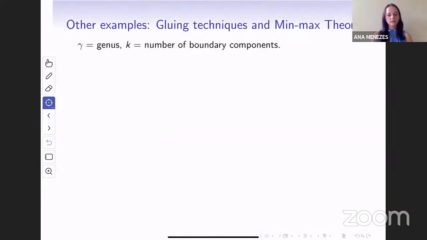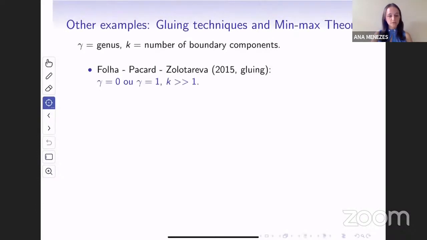There are many other examples that were constructed using gluing techniques or min-max theory. We are going to mention a few here. Okay. So first we have this result by Abigail Folha, Frank Pacard, and Tatiana Zolotareva. Using gluing techniques, they constructed 2 families, one with genus 0 and one with genus 1, both for k large.